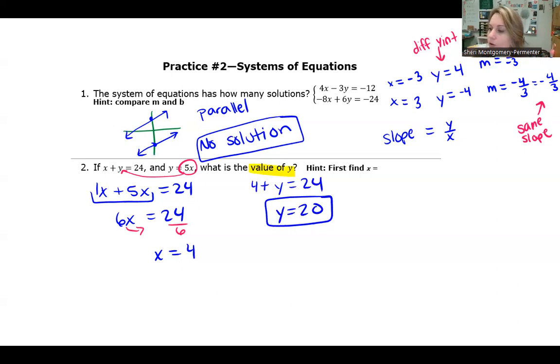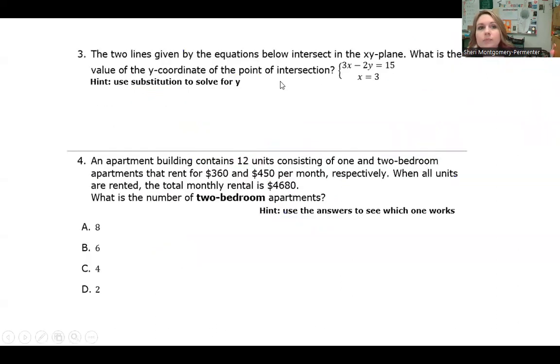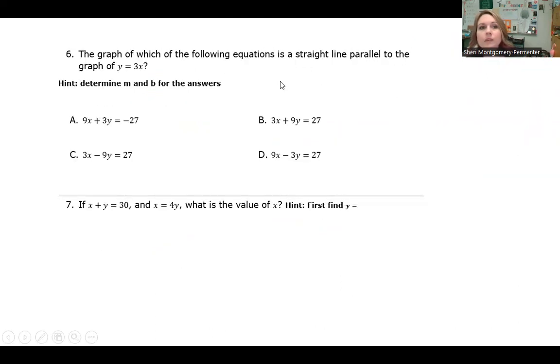So if you flip your paper over, you have another question just like this. If we go to question number 7, it's almost the same. It says if x plus y is equal to 30 and x is equal to 4y, what's the value of x? We're going to solve it the same way.